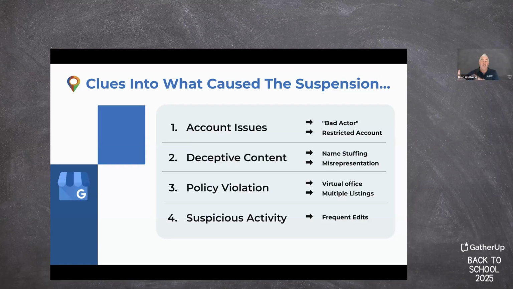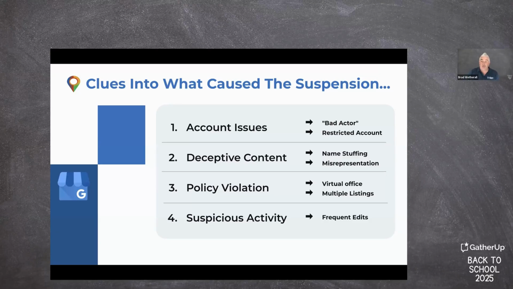Do you have multiple listings where Google is saying, I'm sorry, the policy says one business, one listing? This is fairly common with multiple service area businesses. The distance between service area businesses could be too close. And there are ways to get around that, but that could be the cause.